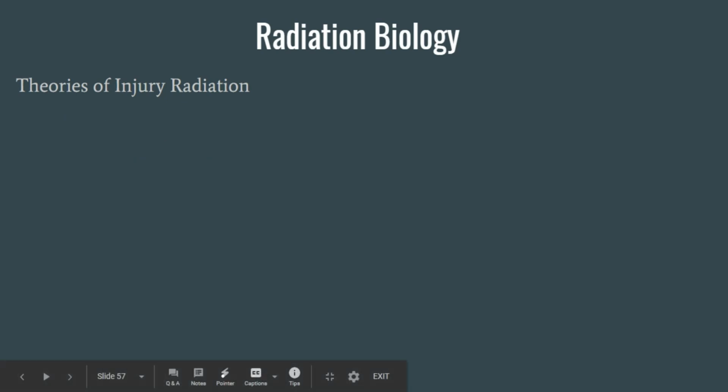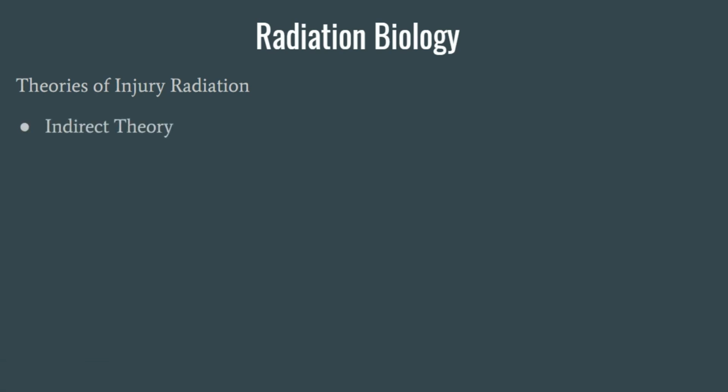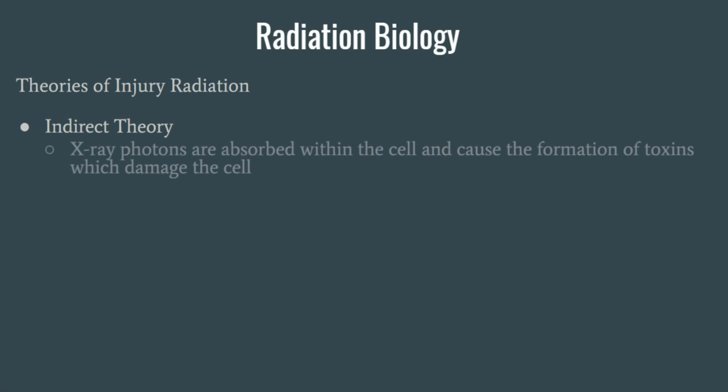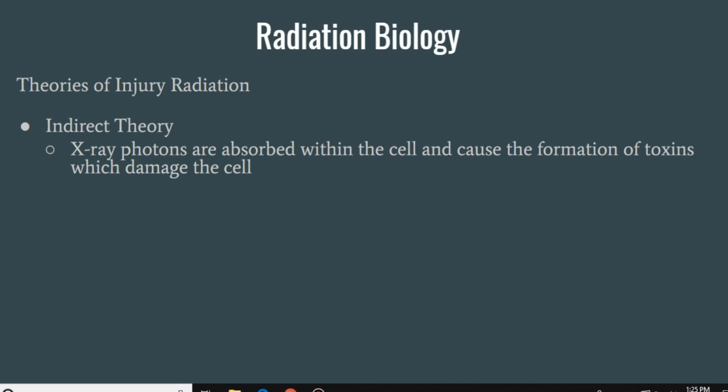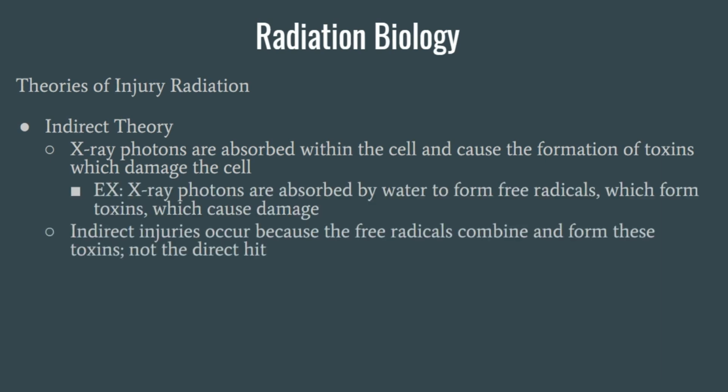So the second theory of radiation injury is called the indirect theory. This suggests that X-ray photons are absorbed within the cell and cause the formation of toxins which damage the cell. So, as we previously mentioned, the X-ray photons are absorbed by water.